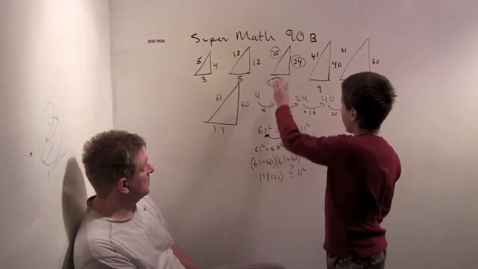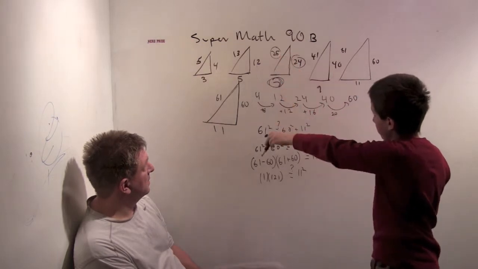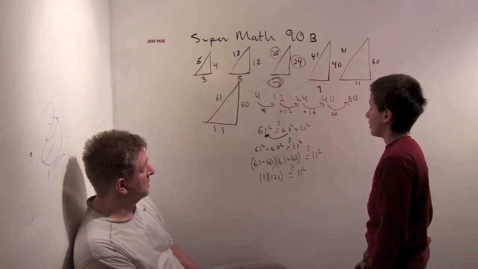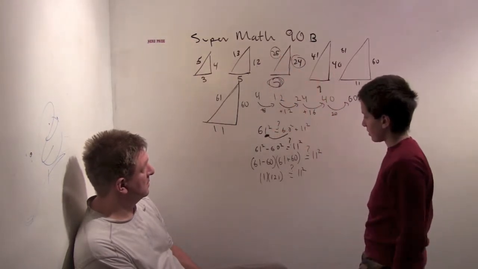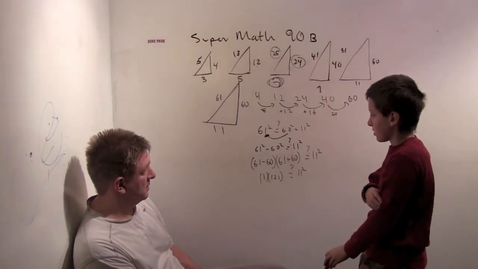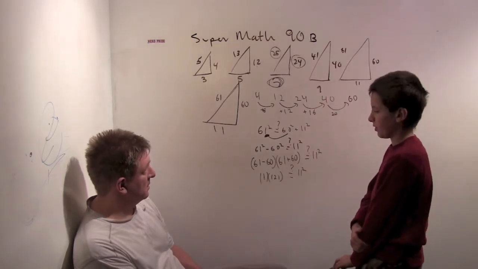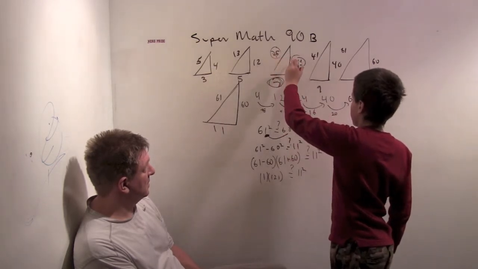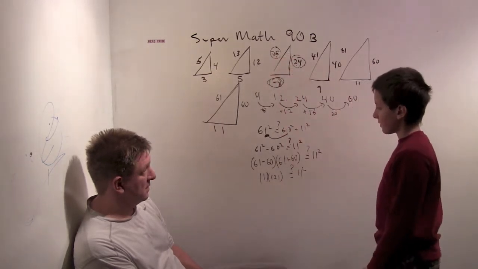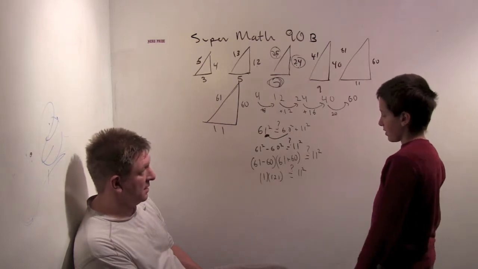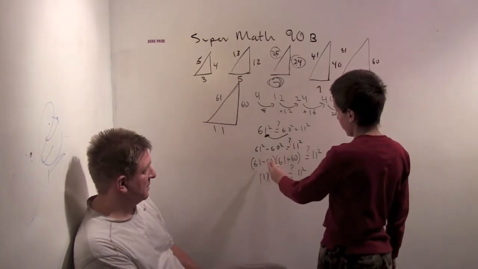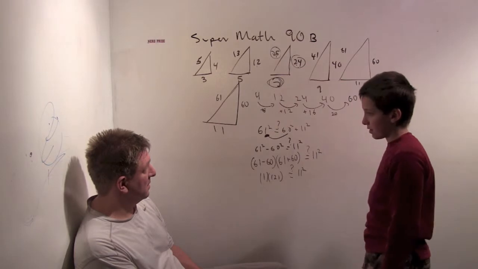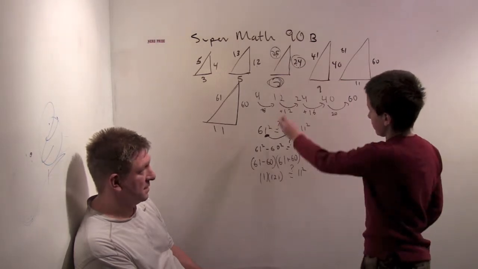Well, the hypotenuse minus the long leg, times the hypotenuse plus the long leg. This minus this times this plus this. That's what I did. And it always equaled 1 times the square of that.